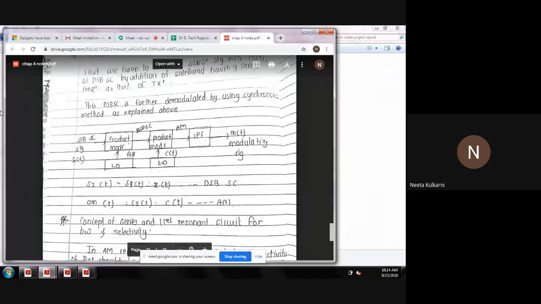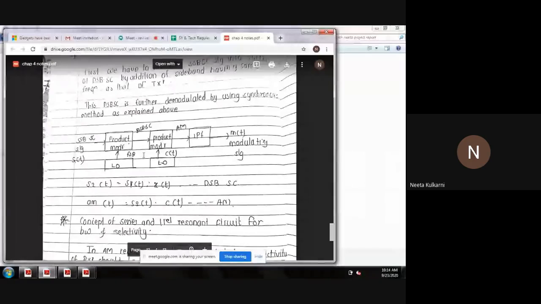Okay. So 3 detectors we have studied. 3 types of detectors. AM detector किंवा त्याला आपण म्हणतो AM demodulator. Then we have seen the DSB-SC demodulator and next the SSB-SC demodulator. These demodulators are there in this chapter.